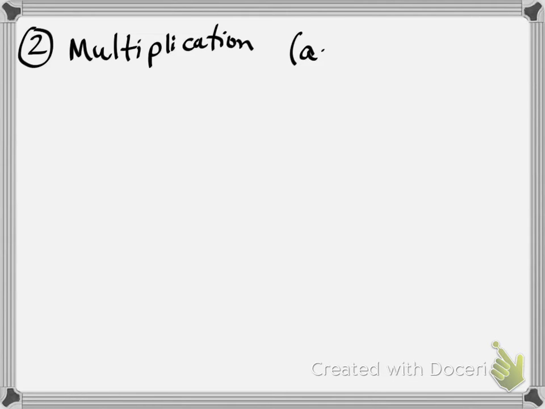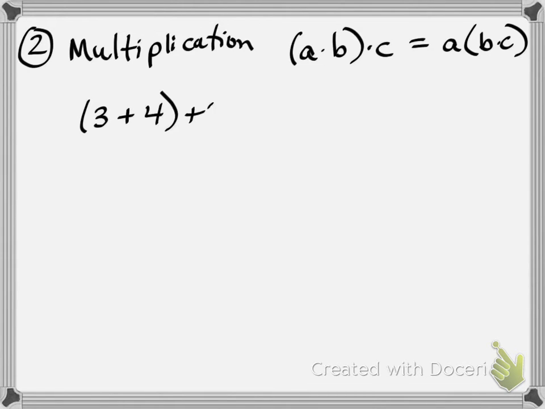And it also has a multiplication counterpart. It's (A times B) times C is the same thing as A times (B times C). So just an example, (3 plus 4) plus 5 is the same thing as 3 plus (4 plus 5).